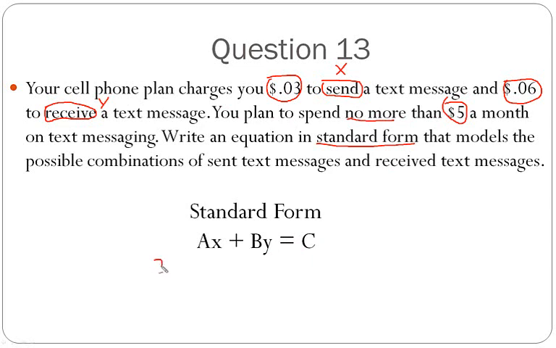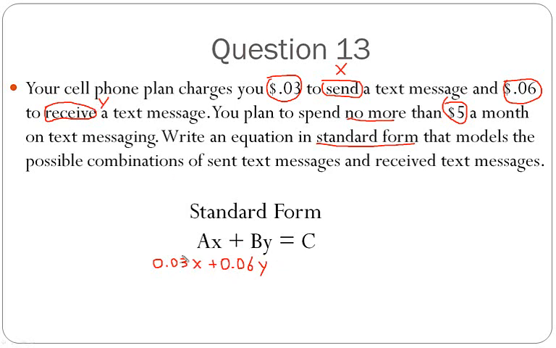So it's going to charge us 3 cents to send a text message, and we already said we're going to send X amount. Okay, now we have to add this 6 cents per text message that we receive. It's going to charge us 6 cents for each one that we receive, and we said we're going to have Y amount of those.